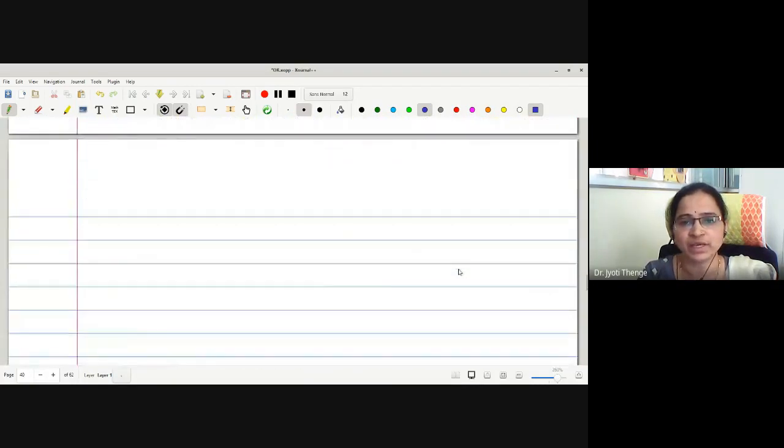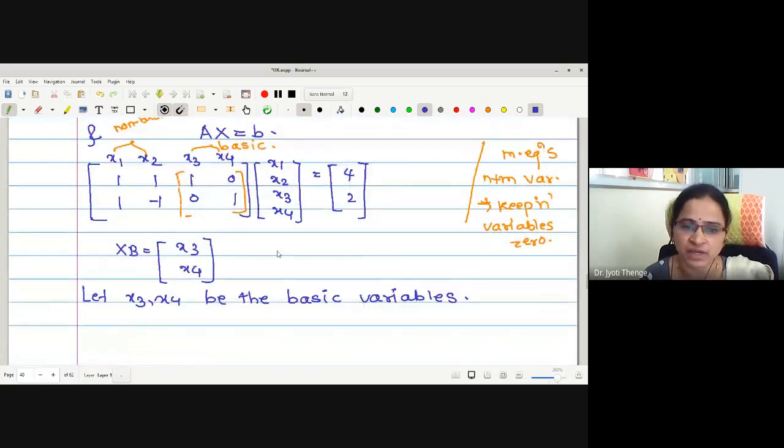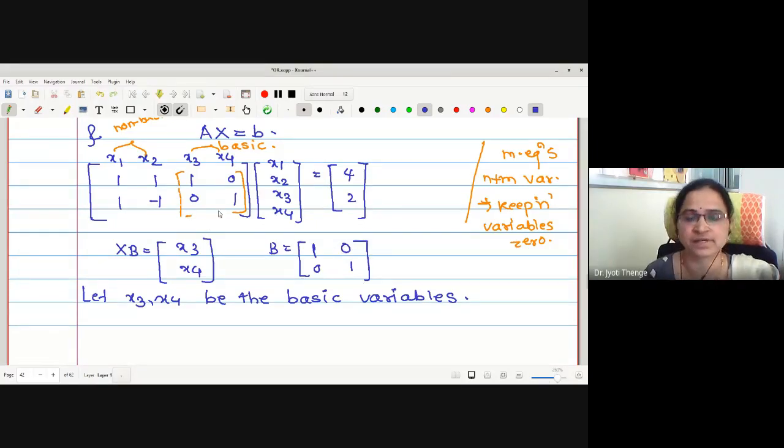What is capital B, the submatrix corresponding to the basic variables? It is 1001. This is the submatrix we have selected, which will be B. Therefore, what will be its inverse? This is an identity matrix, so its inverse will be identity again. Understood why we are selecting these basic variables?